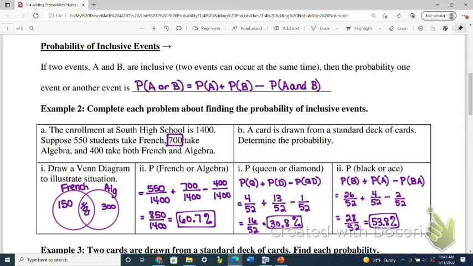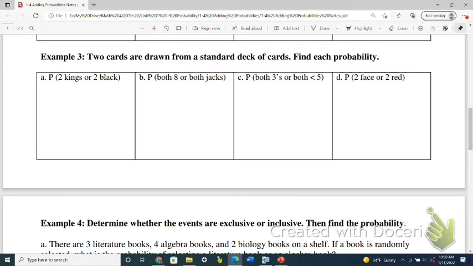So let's take a look at example 3 next, and this is where we are going to pull 2 cards, not just one. So just like in the previous sections we have done, anytime we are doing more than one, so pulling 2 cards, we are going to use nCr. We're going to use combinations.